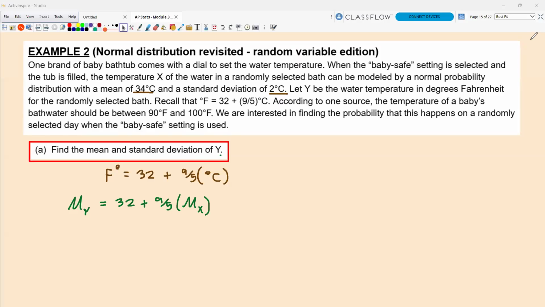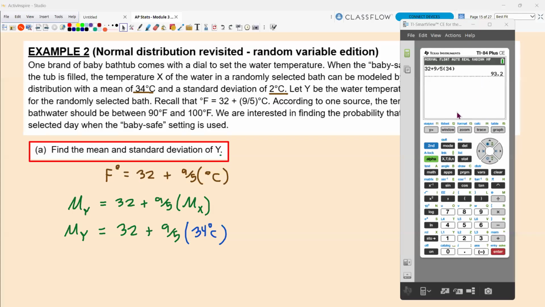The degrees Fahrenheit equals 32 plus 9/5 degrees Celsius. We'll want to plug in our degrees Celsius for the mean, and then we're going to do all the operations with 32 and the 9/5, and we'll get our degrees Fahrenheit. So we're going to plug in the Celsius, get the Fahrenheit. And in this case, your degrees Fahrenheit mean is going to be 93.2 degrees.